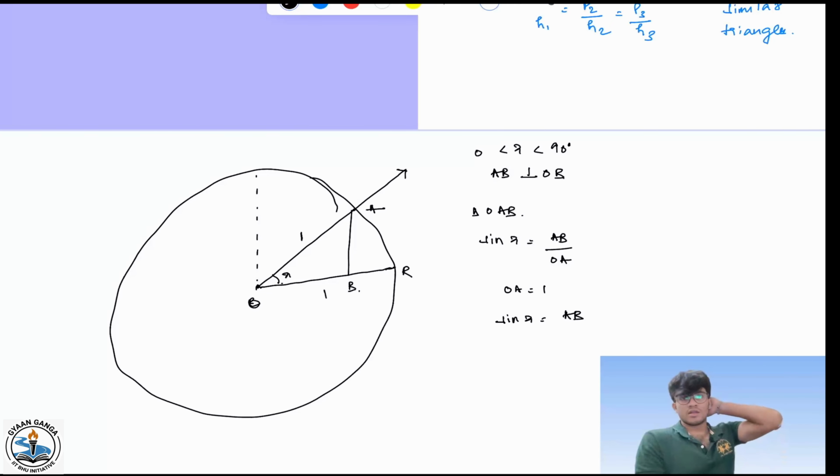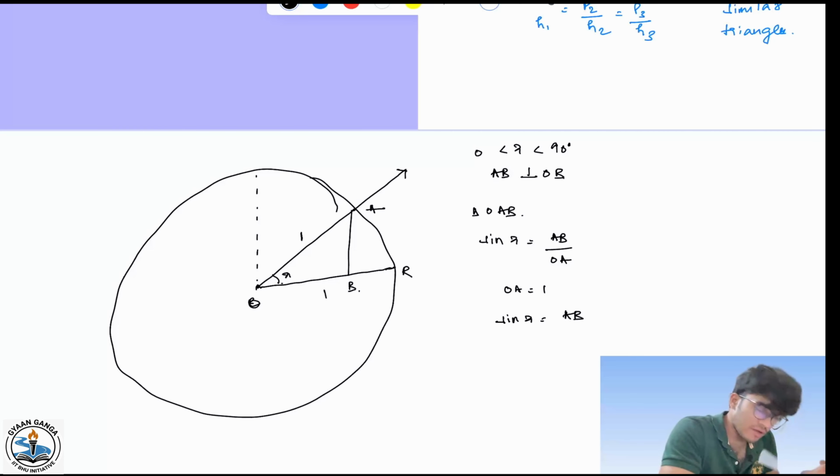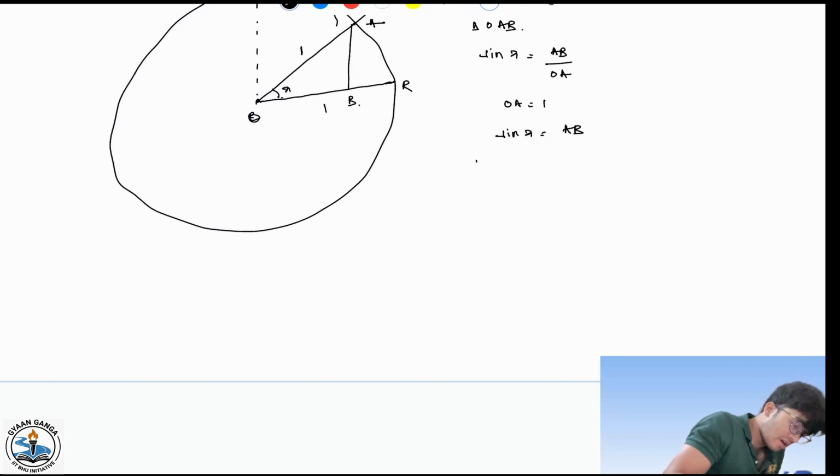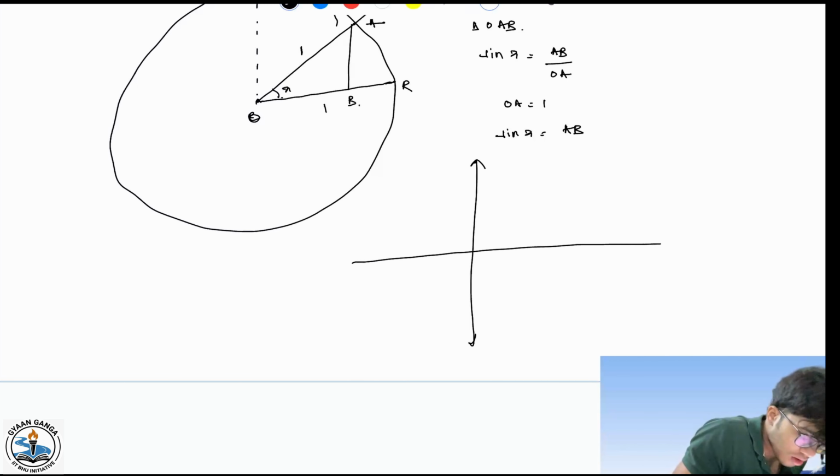So when you input x for all the possible values that can exist between 0 and 90 degrees in a continuous fashion, you'll observe a graph of this sort. This is 0 degree and this is pi by 2, which is 90 degrees.